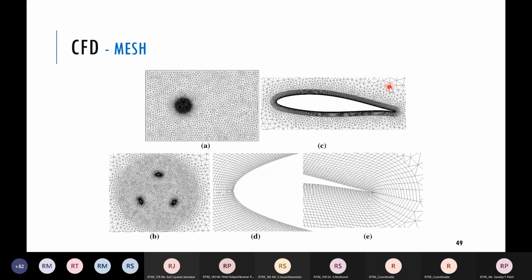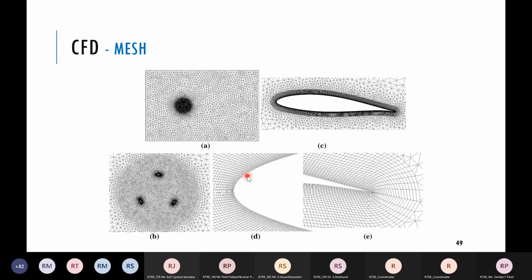But at least nearer to the surface of an airfoil, your mesh should be structured and fine enough so that it can capture the boundary layer effect. Otherwise, this would not end up in a good simulation.